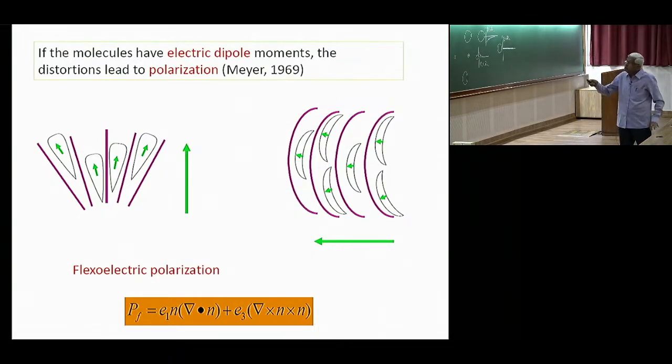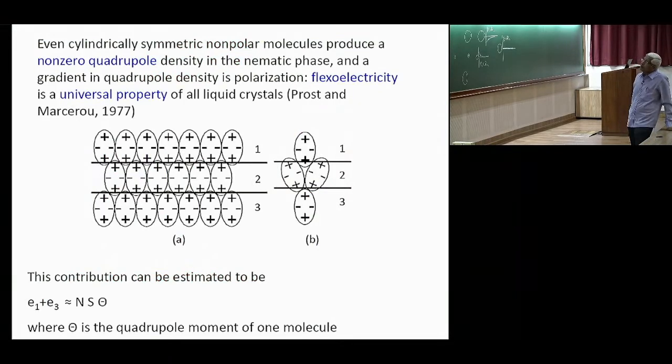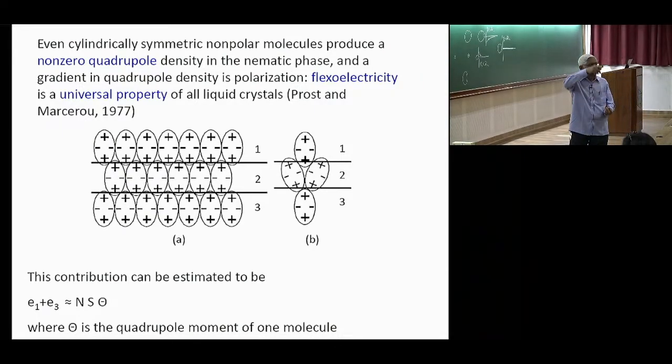But he looked at this specific type of molecular shapes to get those results. But later on, that was 1969, as I said, it was his PhD thesis. Jacques Prost and Marcerou, Prost you might have heard his name in various contexts, Marcerou at the time was a student, in 1977 realized that you don't need all this, because any anisotropic molecule like this has a quadrupole moment.